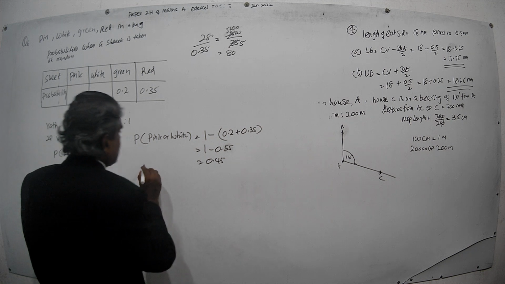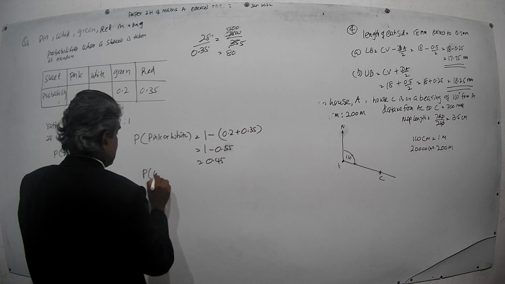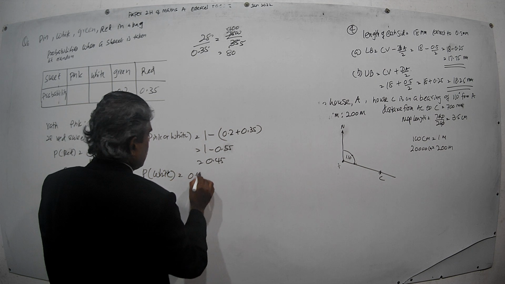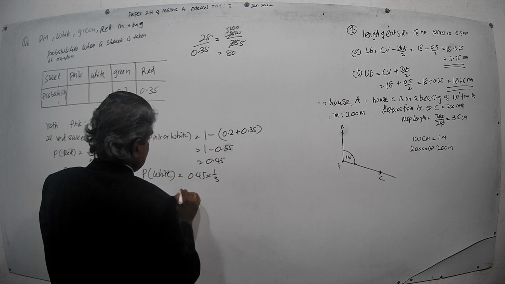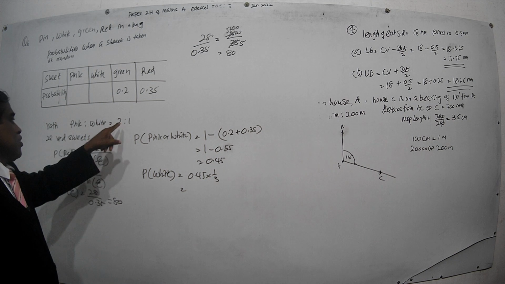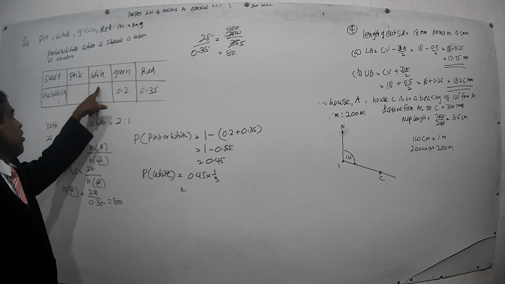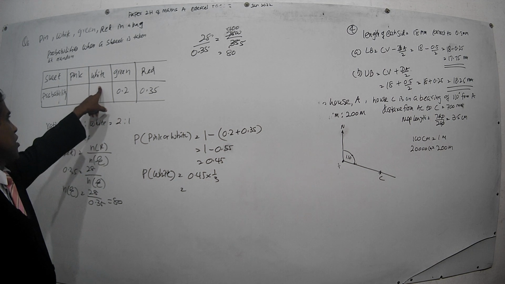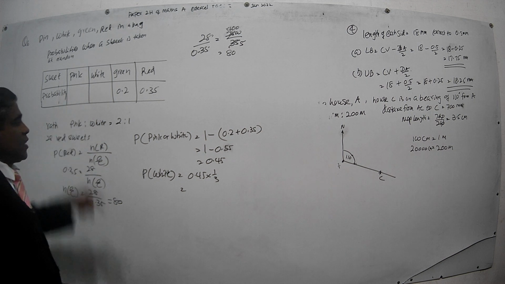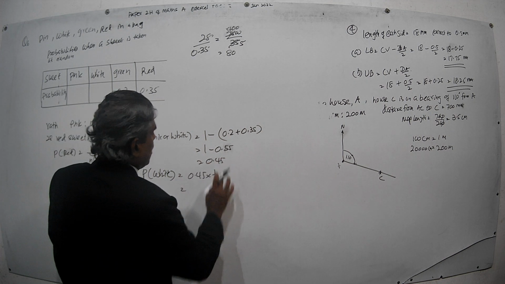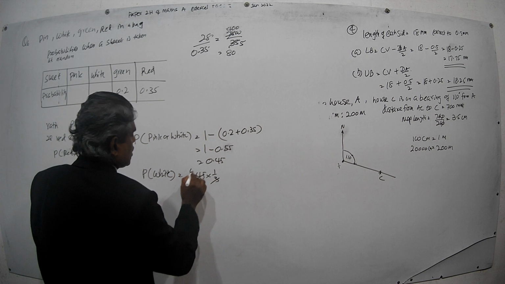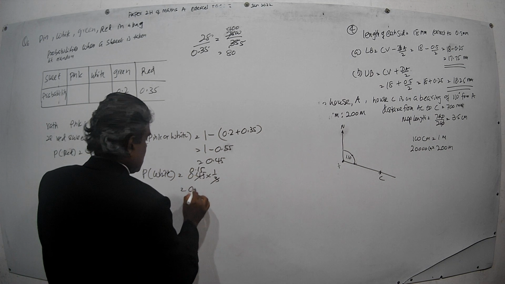Then P white, the probability of white, equals 0.45 times 1/3, which is 0.15.